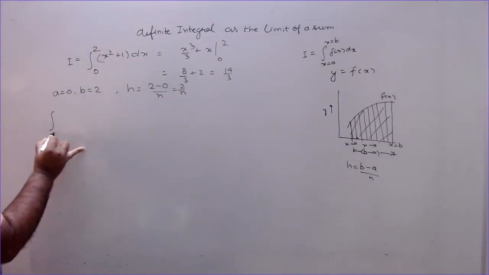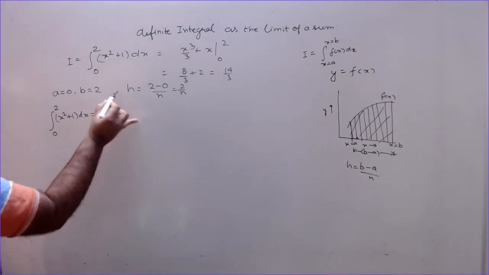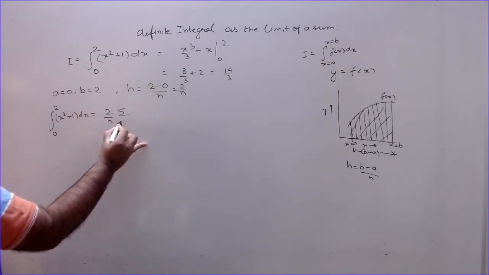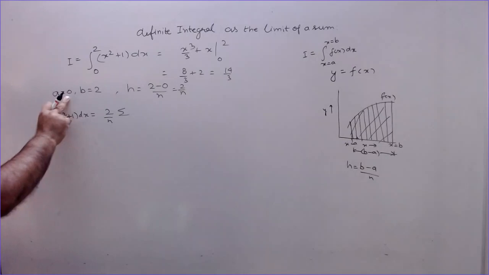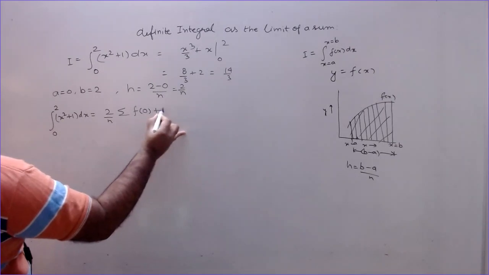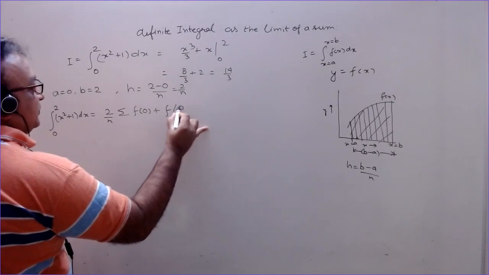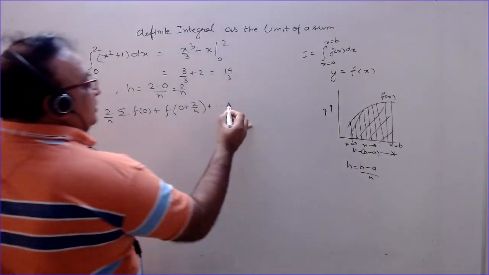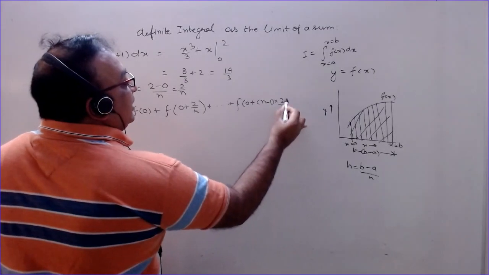So this integration can be written as b minus a divided by n, 2 by n, summation of f(a). What is f(a)? The value of the function at x equal to a, that is at x equal to 0. So f(0) plus, next is f of a plus h, f of 0 plus 2 by n, then next will be a plus 2h, and so on, and last is f of 0 plus n minus 1 into h, 2 by n.